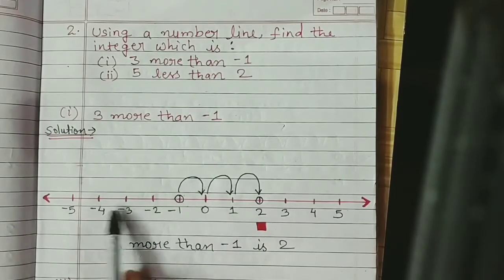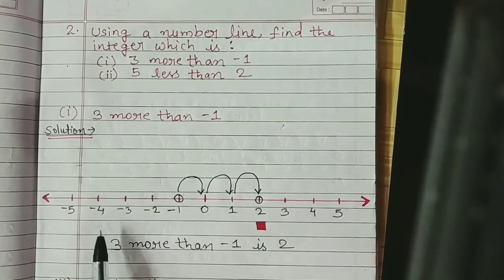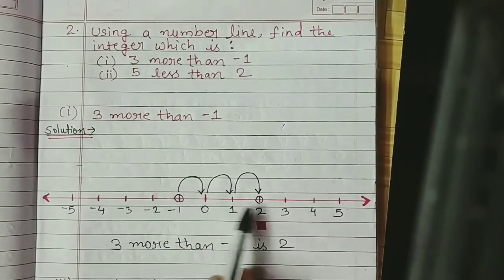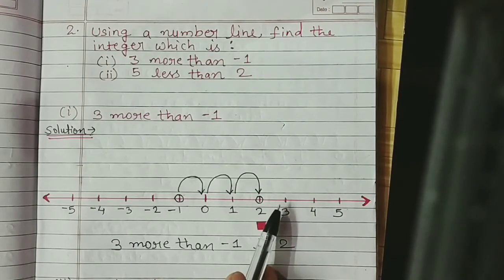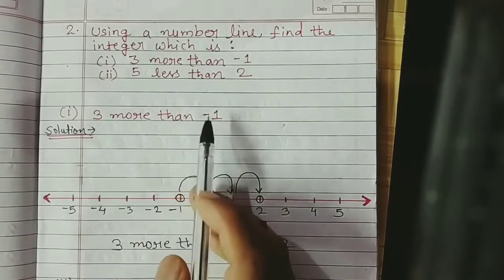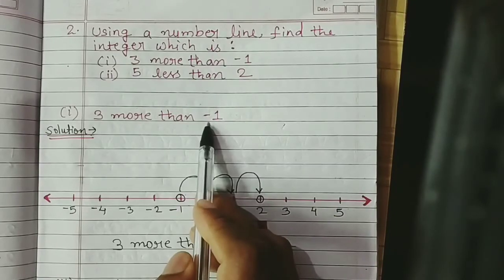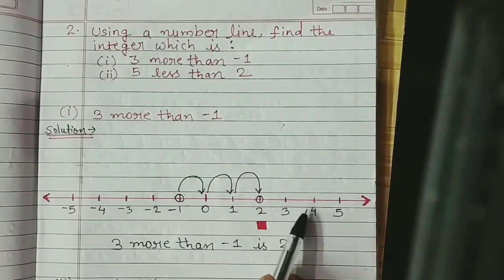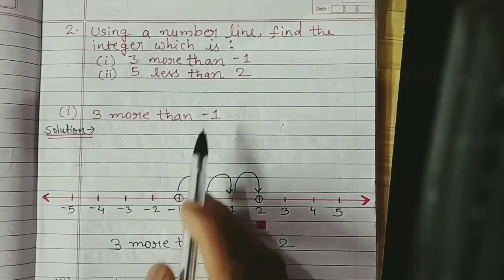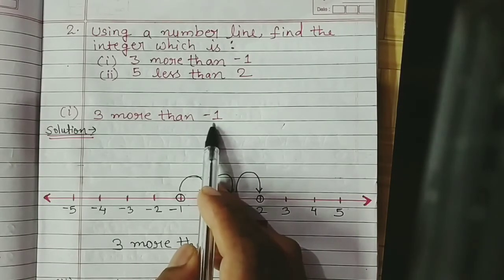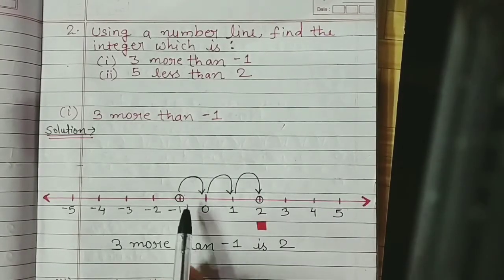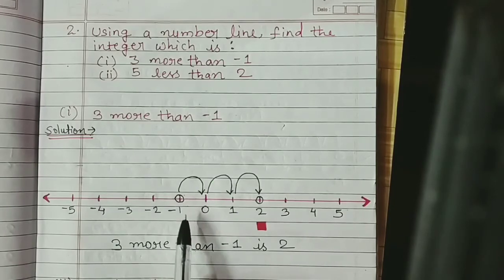I have made a number line and written some integers on it. Then I have marked the integer minus 1 on this number line, in this place. Okay?